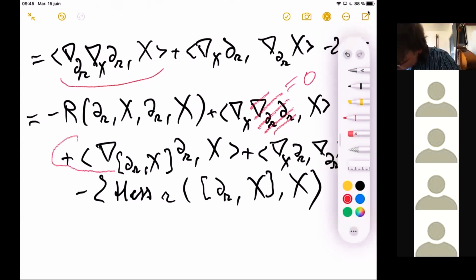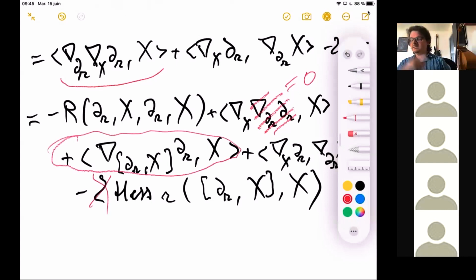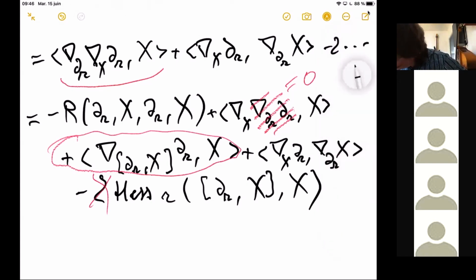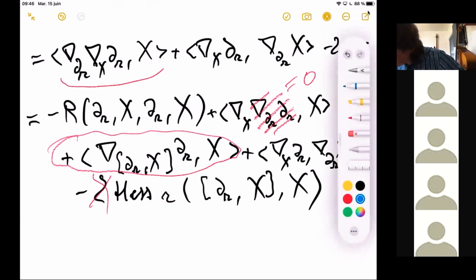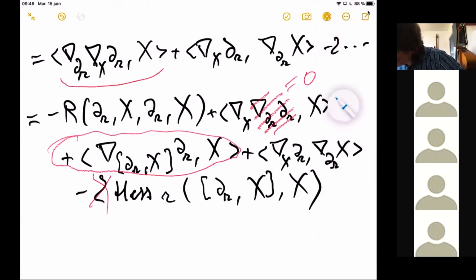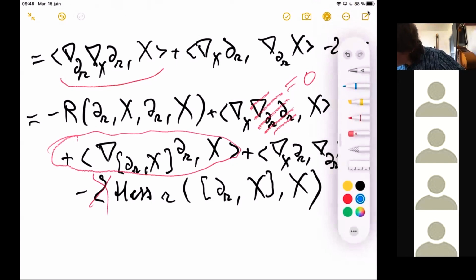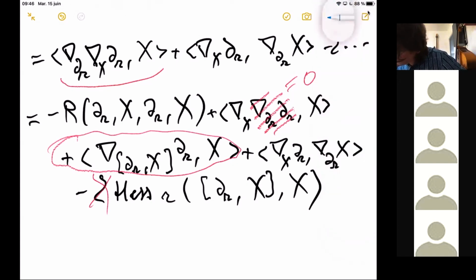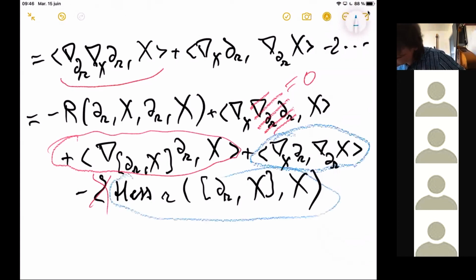So this one takes one less Hessian here, cancels with one of the Hessians here. And then basically you write this last term as a Hessian, and with that, it will give you a Hessian squared.